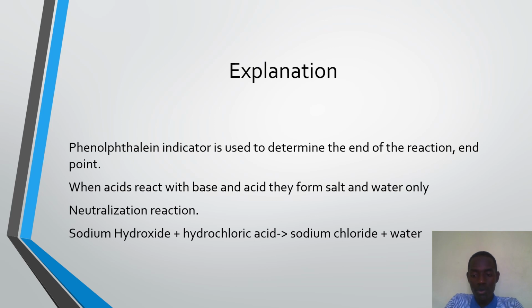The colorless one, water and salt, has a pH value of 7, and anything that has a pH value of 7, we say it is neutral. That is why we say water and salt are neutral products, since they have a pH value of 7.